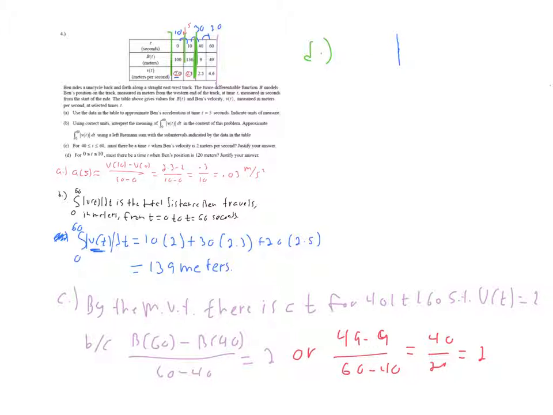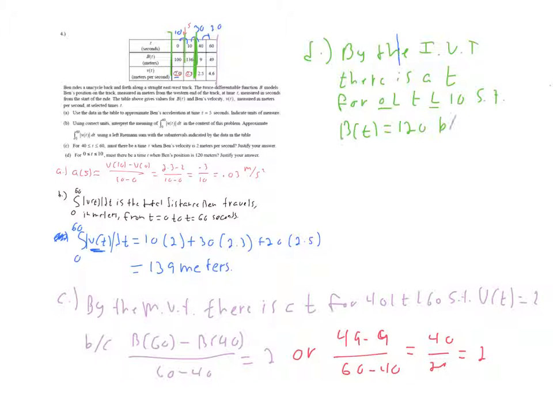So by the intermediate value theorem, there is a t for 0 is less than or equal to t, which is less than or equal to 10, such that his position is equal to 120, because there are 2 ways to say this too. 120 lives between his position value at 0 and his position value at 10.